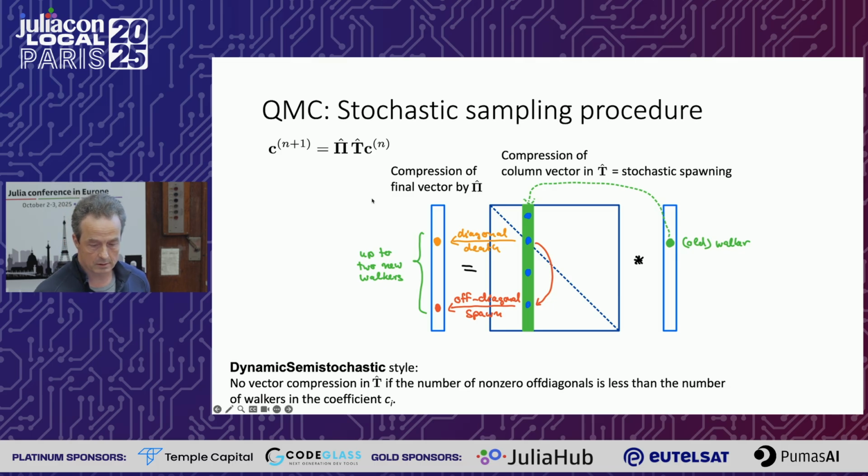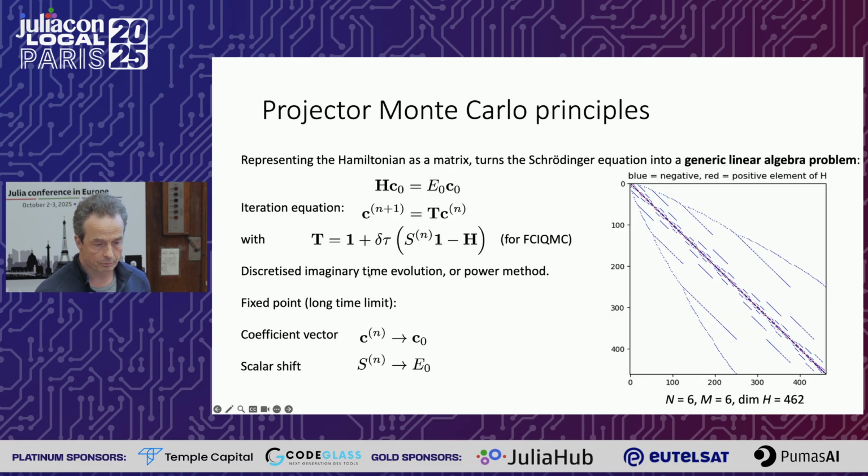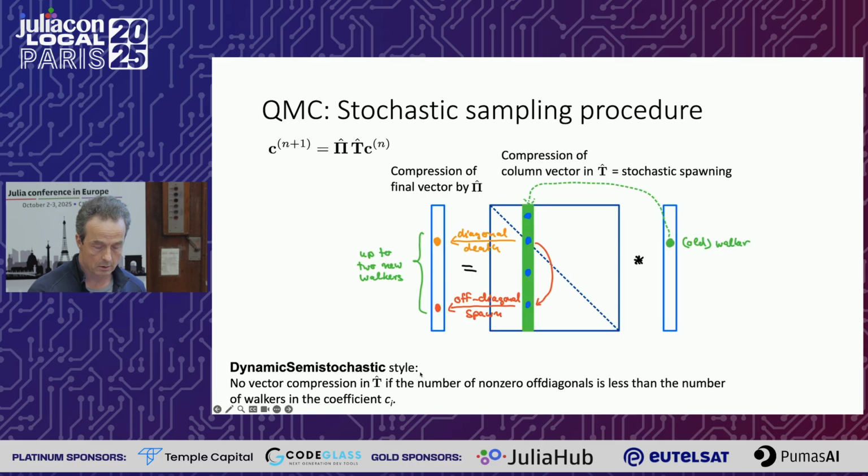So the idea is that this iterative procedure, which will eventually lead us to the ground state and its energy, is done in a stochastic way. Instead of doing a proper matrix-vector multiplication, we do just some of the operations, but we do it in such a way that by expectation value, we're doing a proper matrix-vector multiplication.